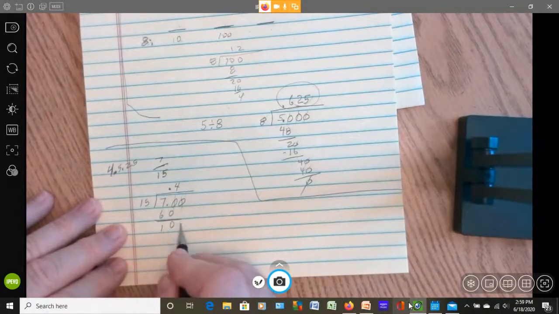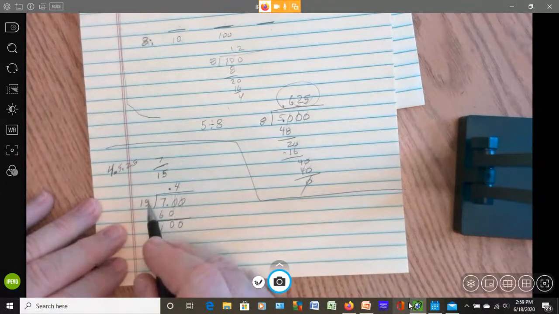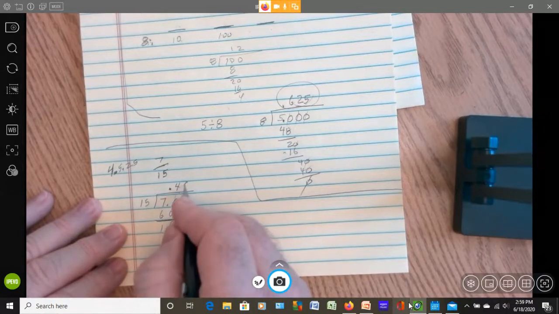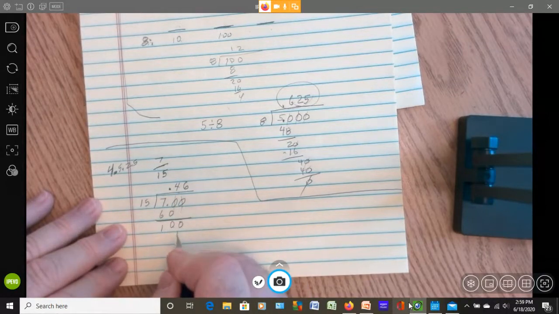Subtract. How many times will 15 go into 100? Well, 5 would be, okay, 7 would be 105, so it must be 6. 6 times 5 is 30, 90. Subtract. I'll bring down another one.